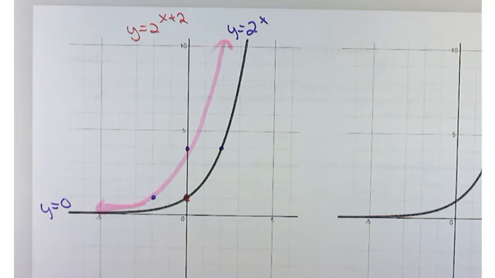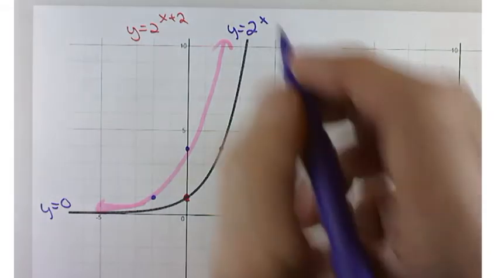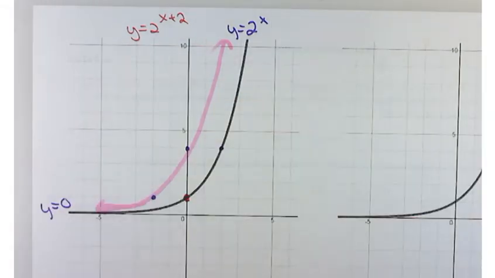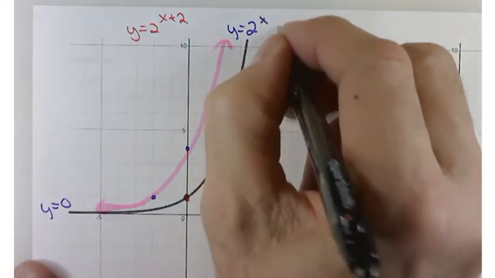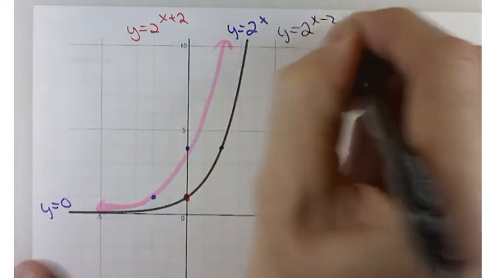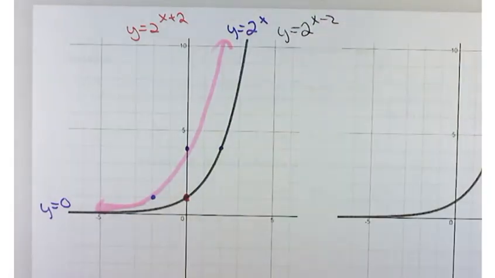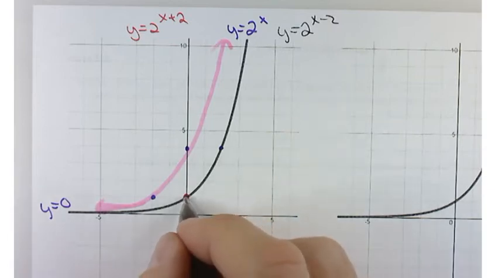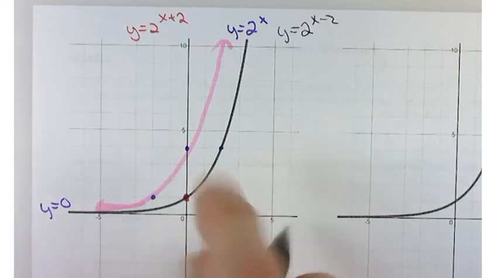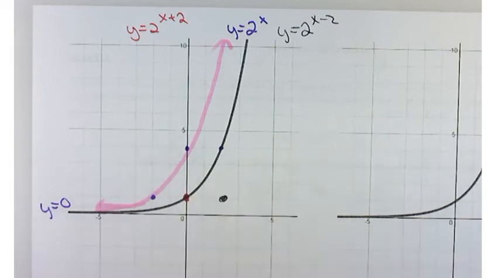Let's try another one. Let's try y equals 2 to the x minus 2. What kind of a shift do you think this one's going to create? To the right by 2. So again, you can start out here and say, okay, well, shift to the right by 2. This is the point that I want to see off this graph. Make sure that one's drawn accurately.